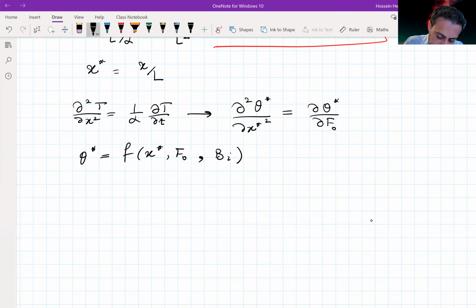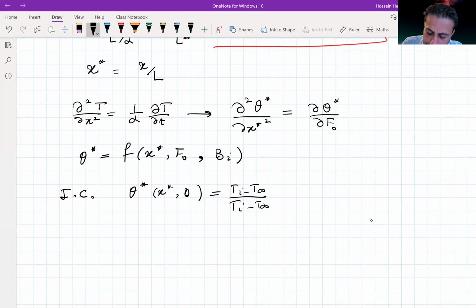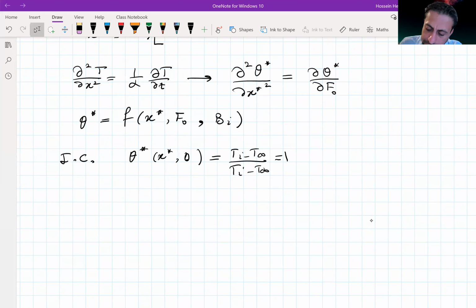So the initial condition, theta star at x star at time 0, is going to be 1, for t star or Fourier number zero, and x star between 1 and minus 1.